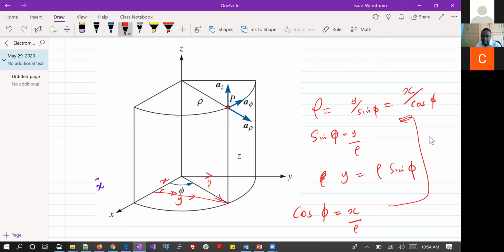So these ideas are pretty straightforward. You can say that x from this equation can be expressed as rho cosine of phi.